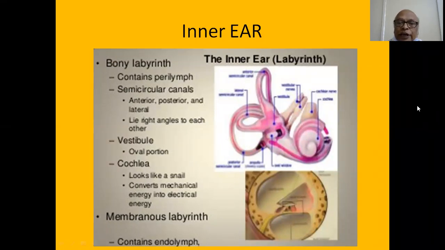These three semicircular canals open into the vestibule by means of 5 openings, not 6, because the posterior semicircular canal and the lateral semicircular canal open together by what is known as the crus commune. That means there are 5 openings in the vestibule rather than 6.